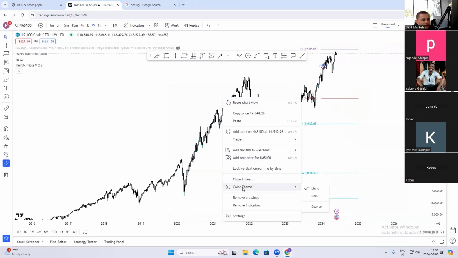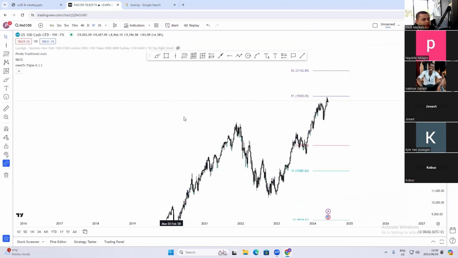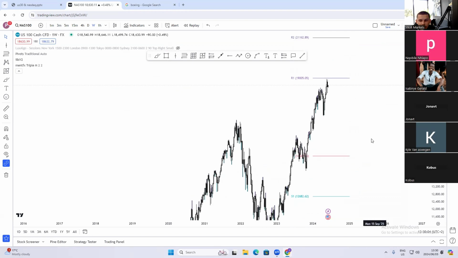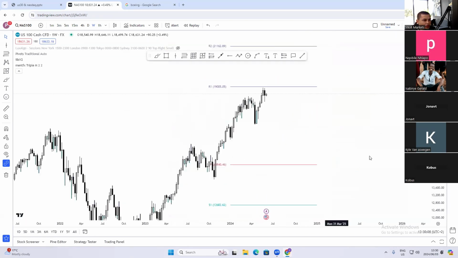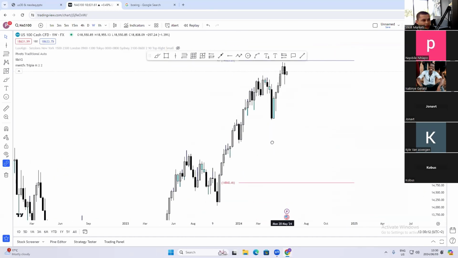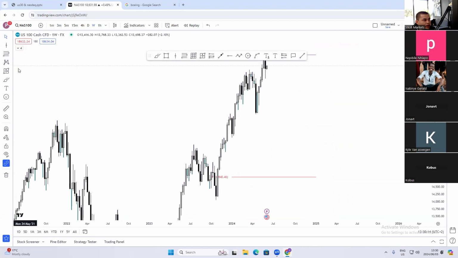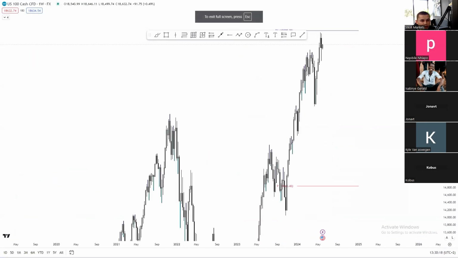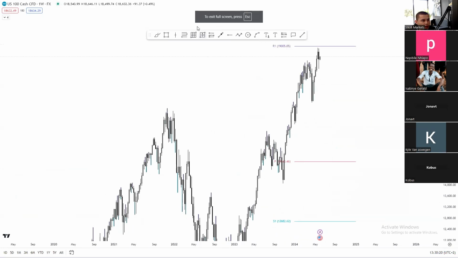Open a blank chart. And initially what I do, like we said, is look at the internal structure. So for instance, this is where we currently are on the market. I break the market down using time. Since we're now in 2024, I mark out 2023.